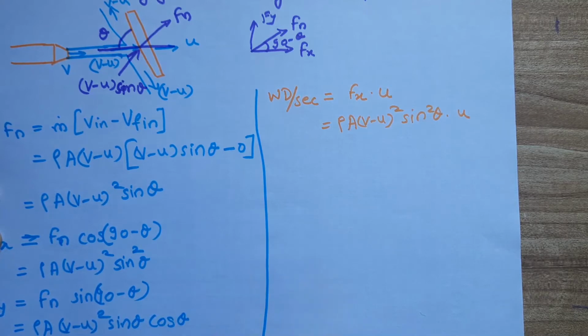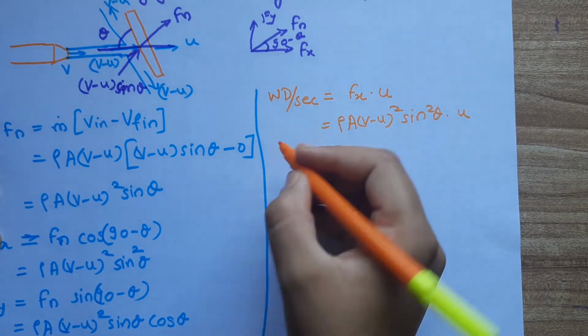Again, as there is work done, by the second law of thermodynamics, we know very well that we can't get the same output energy that we have supplied. So definitely there will be the term efficiency.